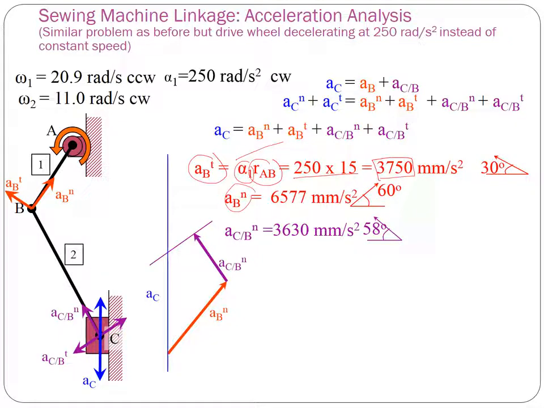ABN we have calculated before, which equals omega square R. ACBN equals 3630 millimeter per second square. This has been maintained. All the values were retrieved from the previous example, because the normal acceleration depends on the angular velocity.